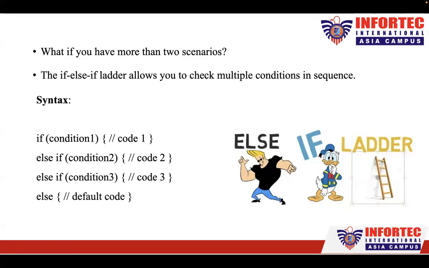For all other conditions, we can take else if. These are the middle keywords we use. And for the last one, we take else. For else, we usually don't use conditions, right? Not curly brackets, round brackets.